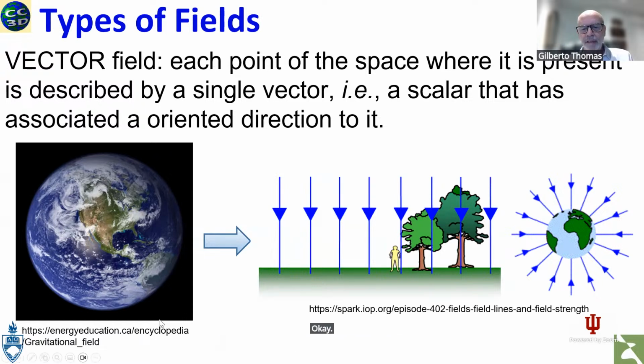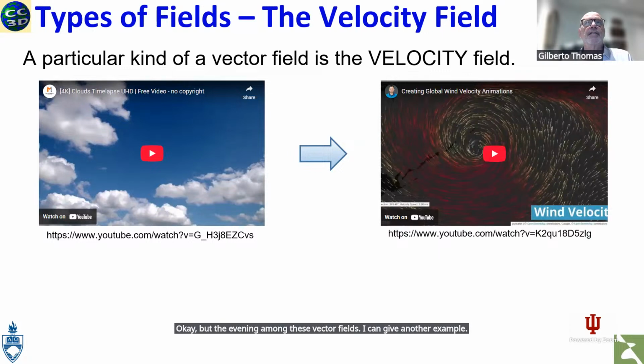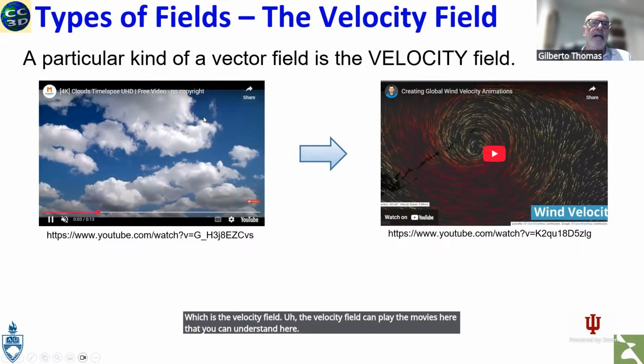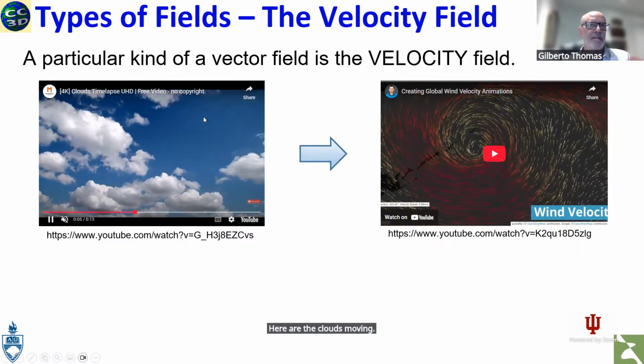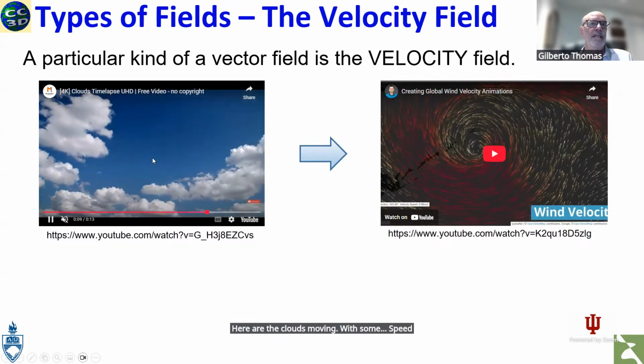But even among these vector fields, I can give another example, which is the velocity field. I can play the movie here so you can understand. Here are the clouds moving with some speed, velocity.